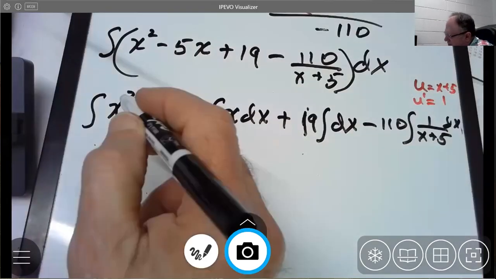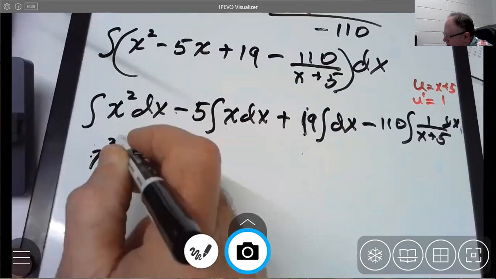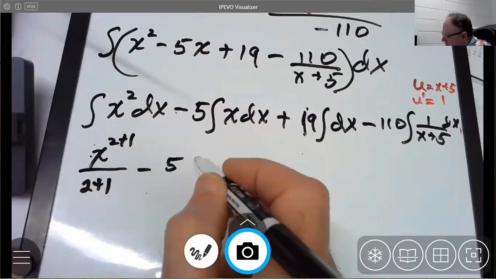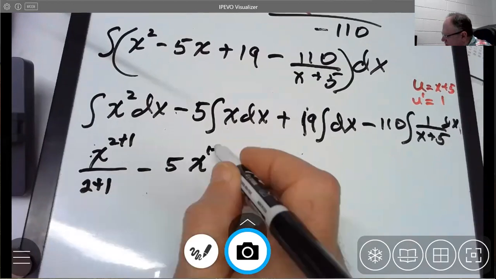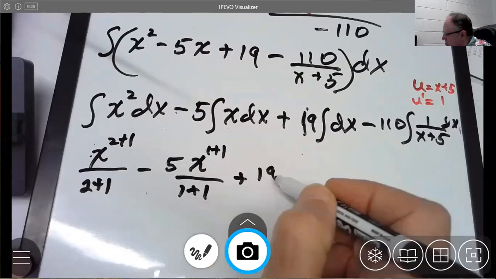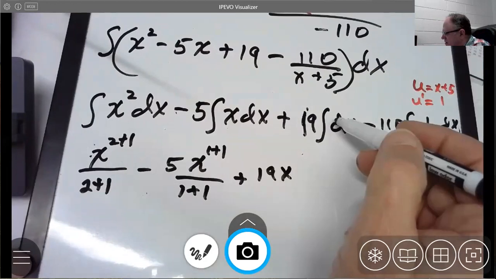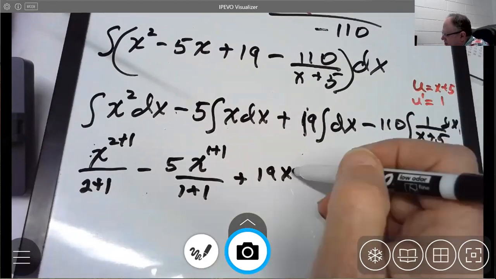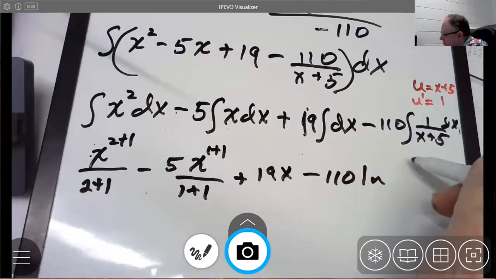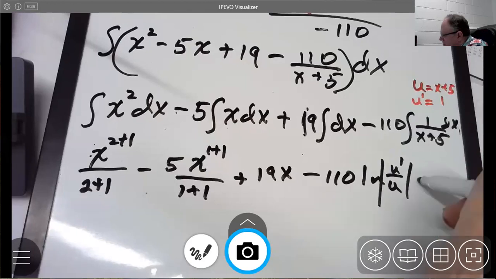So this will be x to the 2 plus 1 over 2 plus 1, minus 5 times x to the 1 plus 1 over 1 plus 1, plus 19x. So this is like x to the 0, right? So this would just be x, minus 110 natural log, u prime over u, plus c.